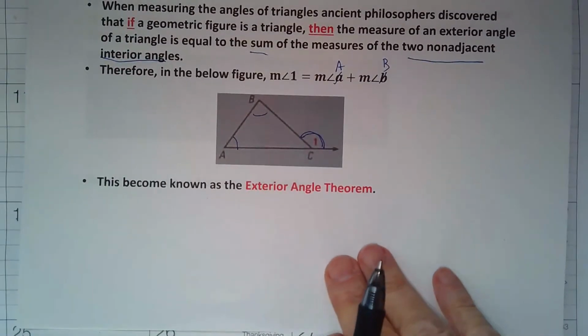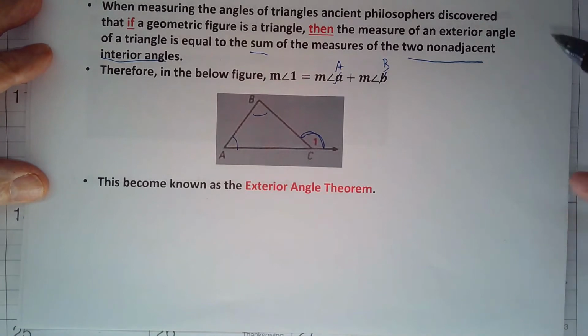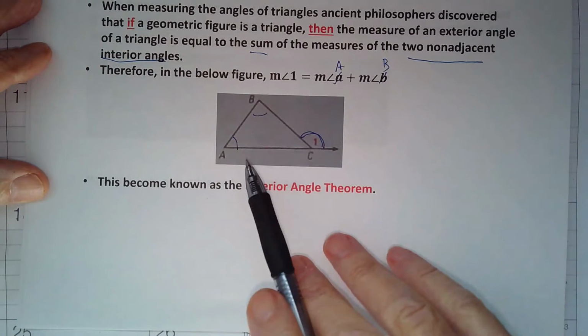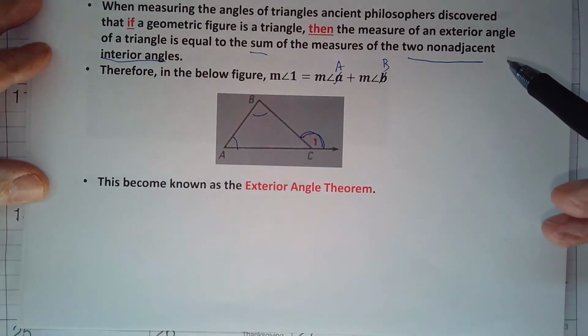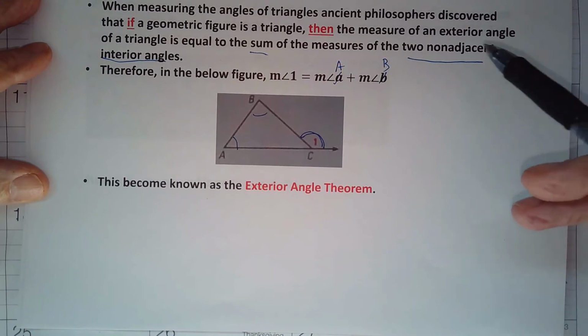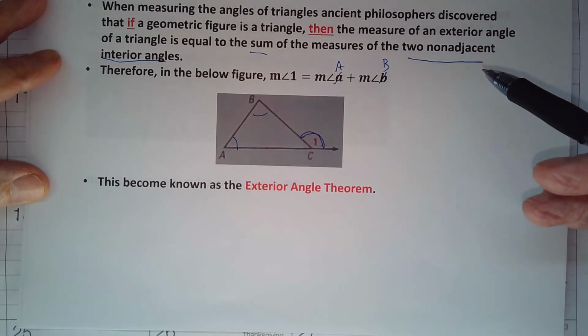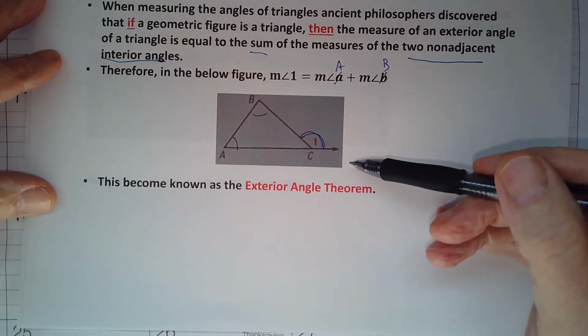Okay, so when measuring the angles of triangles, ancient philosophers discovered that if a geometric figure is a triangle, then the measure of an exterior angle is equal to the sum of the measures of the two non-adjacent interior angles. So I've got a picture of this right here.